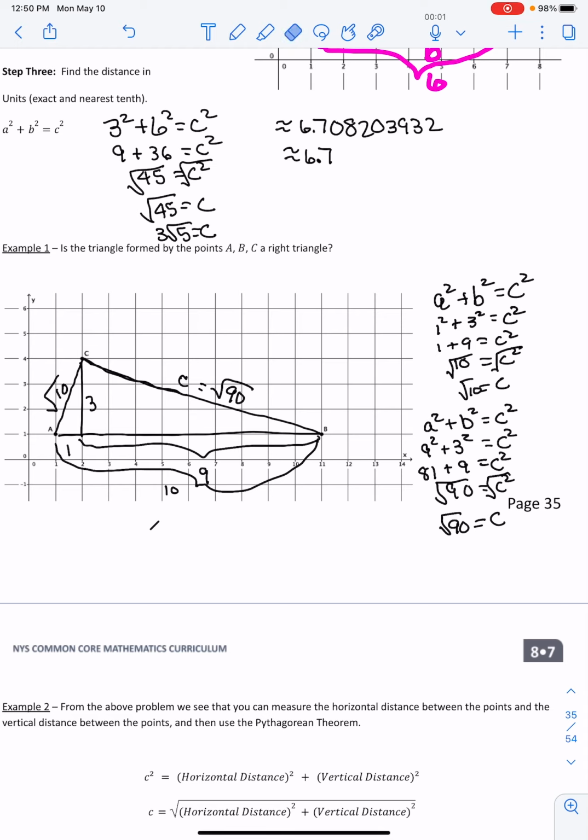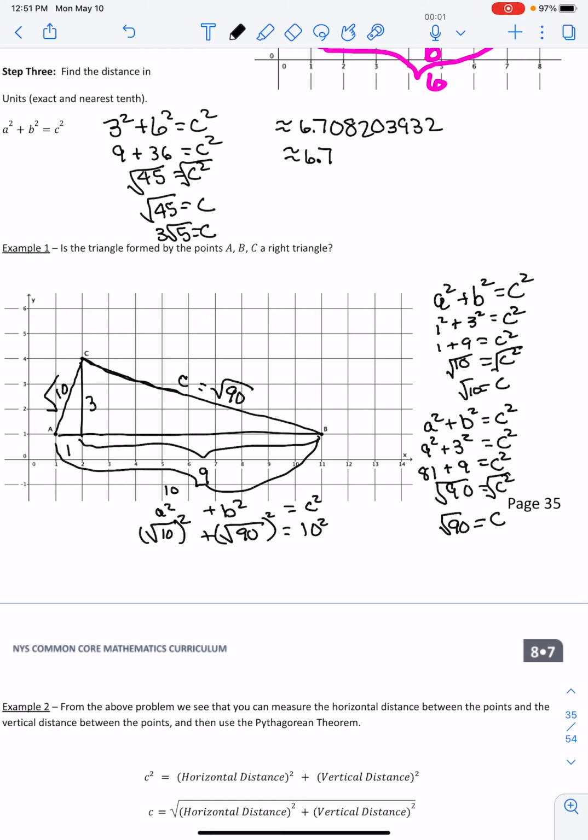Let me fix that. So now we have the square root of 10 squared, because that's a squared, plus b squared, which is the square root of 90 squared, equaling 10 squared, which is our c squared.